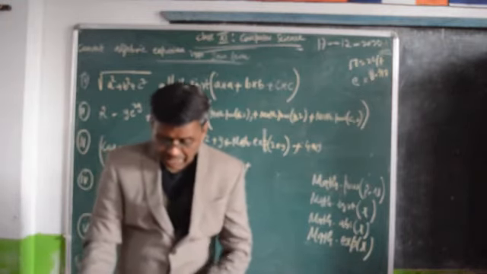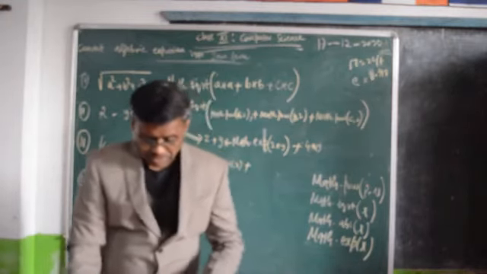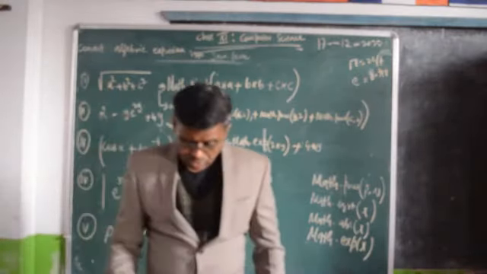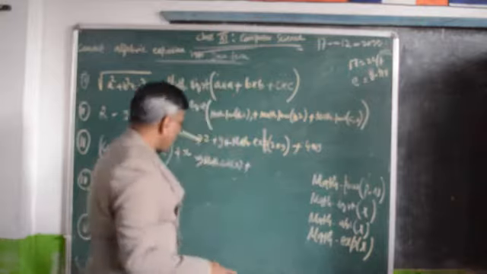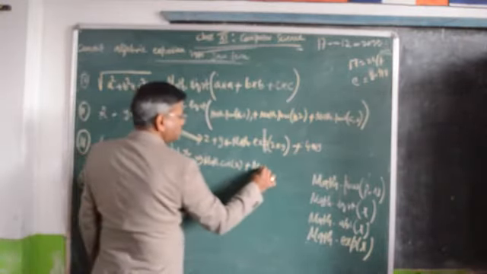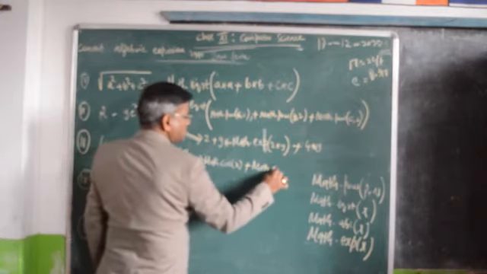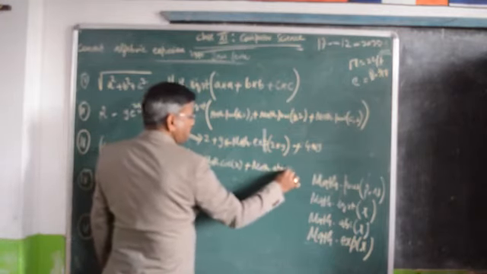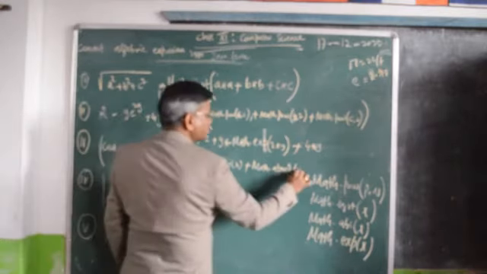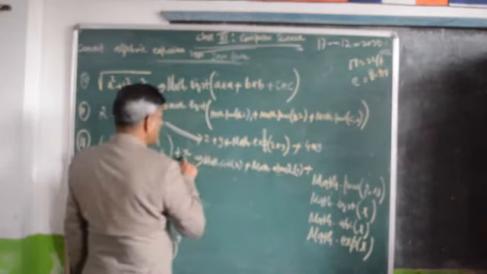This function gives the angle of a tangent. Whenever there is a tan inverse, you should use atan2. That is math dot atan2 of, what do you have? X plus x.